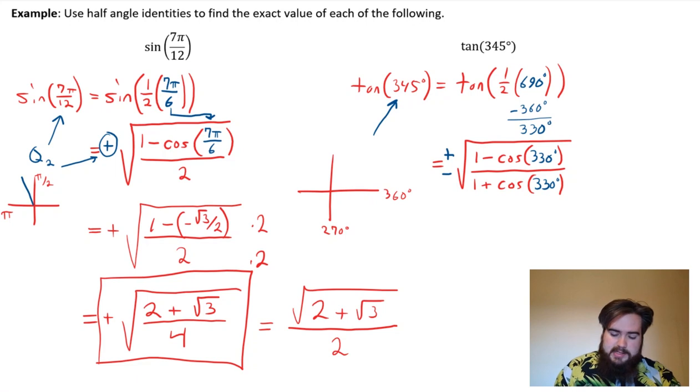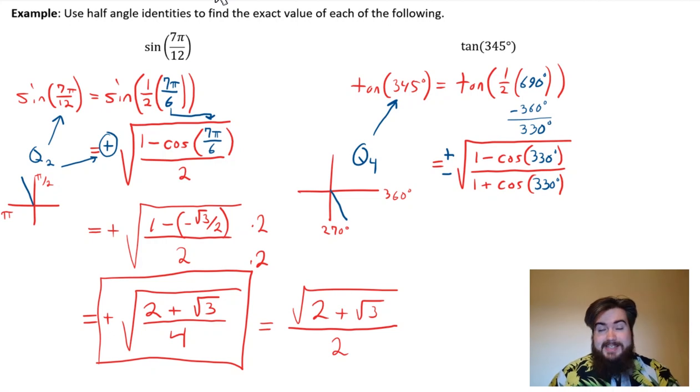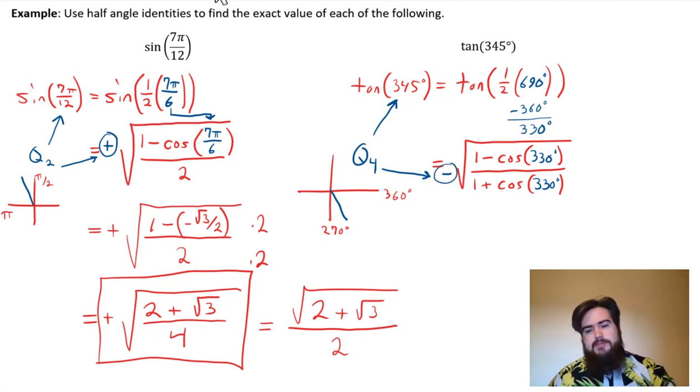So this lies somewhere within quadrant 4. Meaning, because this is somewhere in quadrant 4 and I'm evaluating tangent, and tangent is negative in quadrant 4, my final answer here should likewise be negative. Now I will move on.